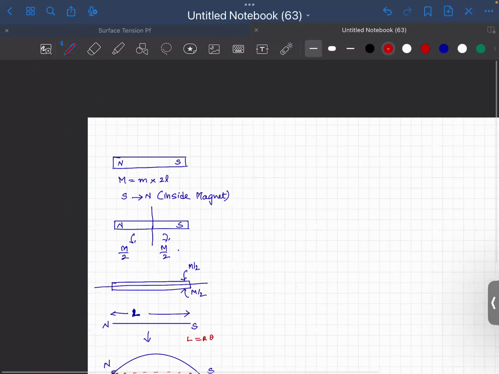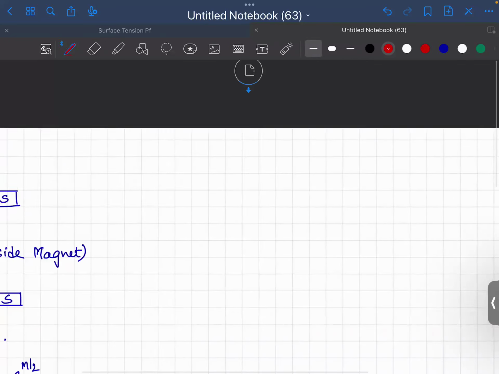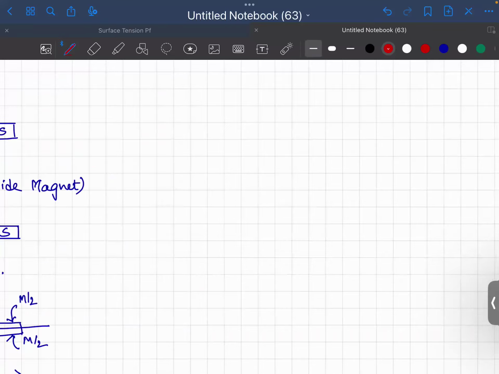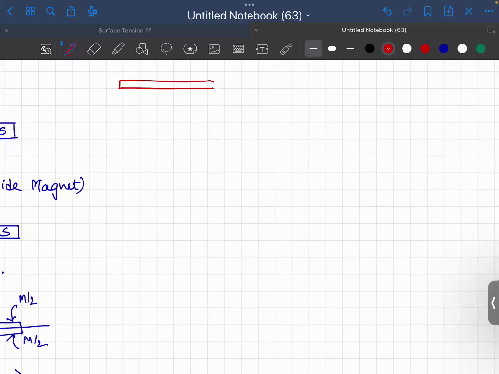On the other hand, if you take the magnets like this, basically I am writing short bar magnets only, this is north pole, this is south pole, this is south pole, and this is north pole.